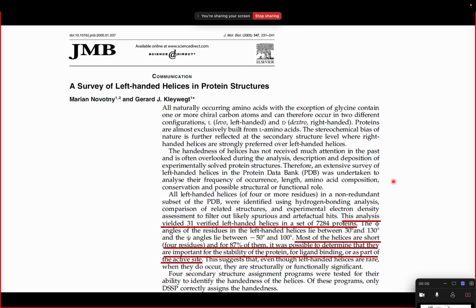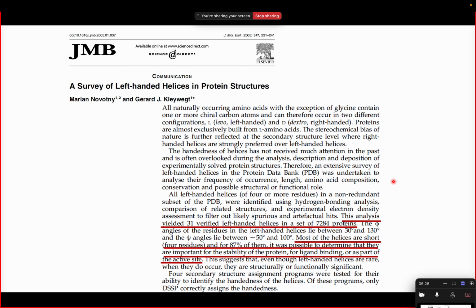Okay. So all naturally occurring amino acids, with the exception of glycine, contain one or more chiral carbon atoms and can therefore occur in two different configurations, L and D. Proteins are almost exclusively built from L amino acids.